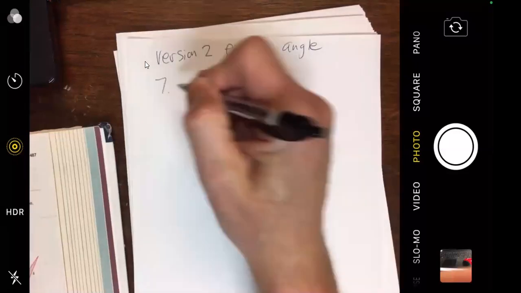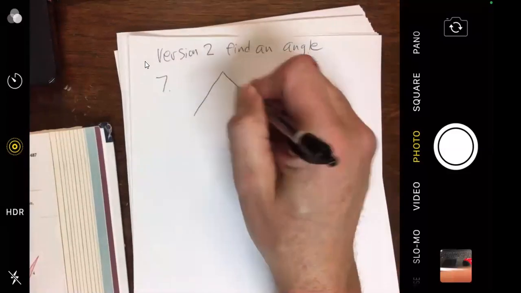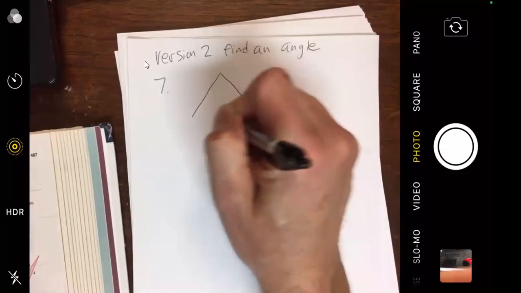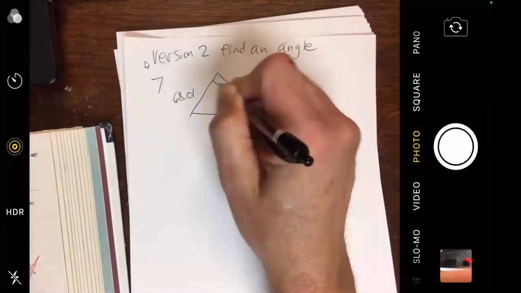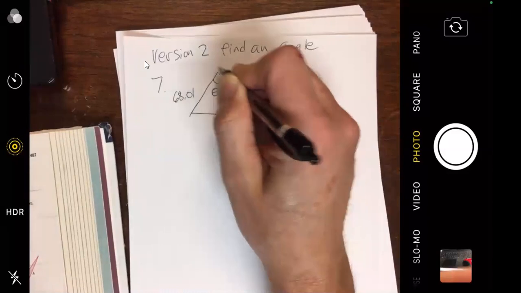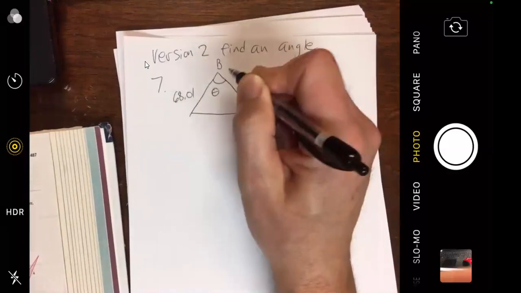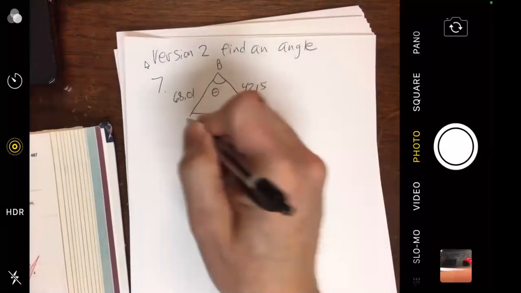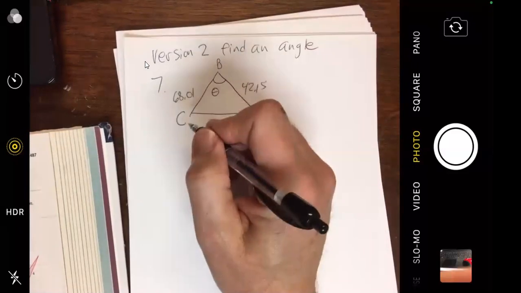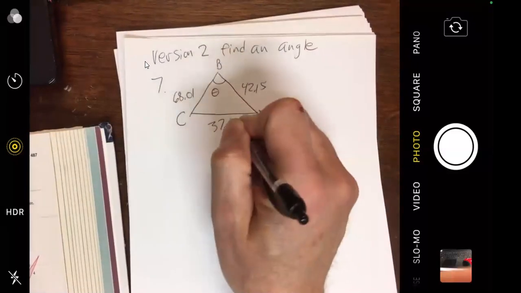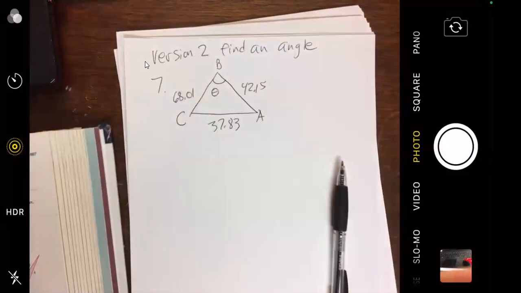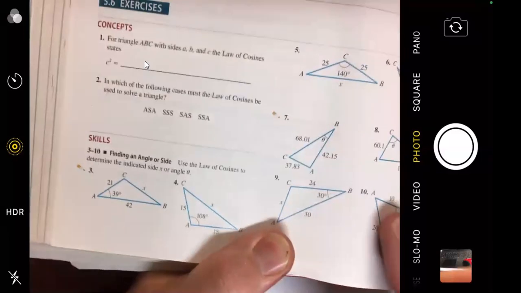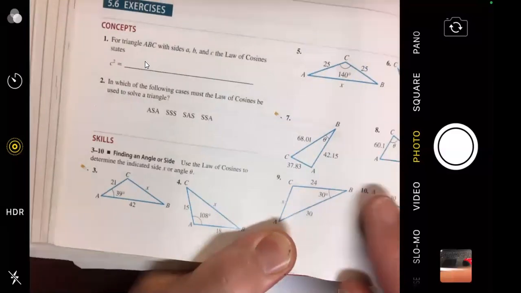Number 7. Using 68.01, 42.15. Call this angle, my version of this angle. We put B up there, put A there, put C here. And we call this 37.83 opposite that angle. Okay, so mine's a little fatter than theirs, but I've got everything in the right position.